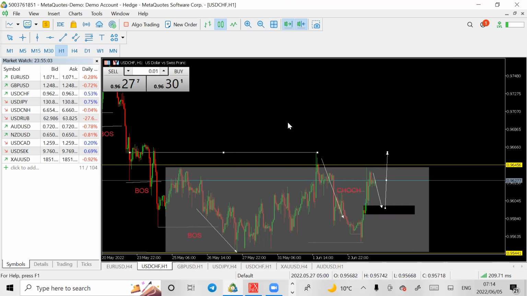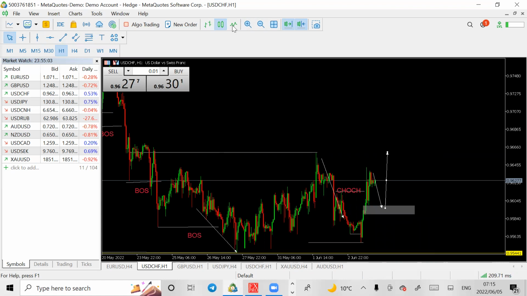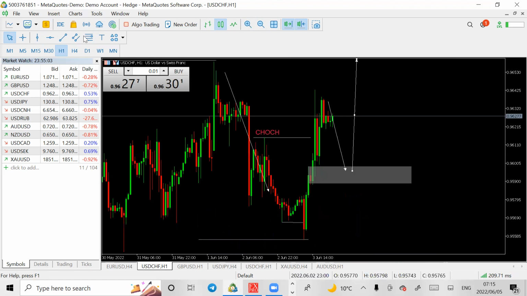And also this break of structure. Let me delete this consolidation rectangle so that we can analyze everything. So this break of structure is created after creating a church. Wherever you see a church, expect a break of structure, right?